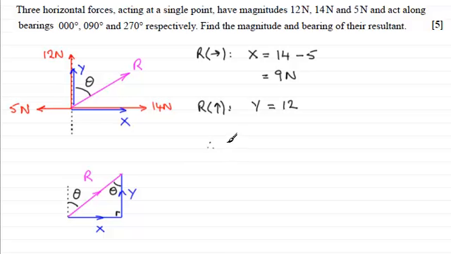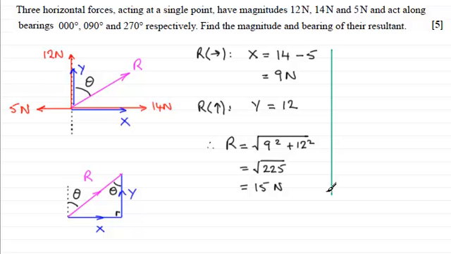The resultant must be equal to the square root of the sum of the squares of these two shorter sides, X squared plus Y squared. In other words, 9 squared plus 12 squared. This comes to the root of 225, which is 15. We don't need plus or minus, we're just taking the positive value because it's a length. So that's going to be 15 newtons.